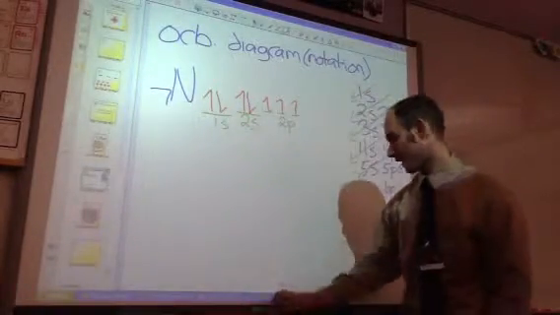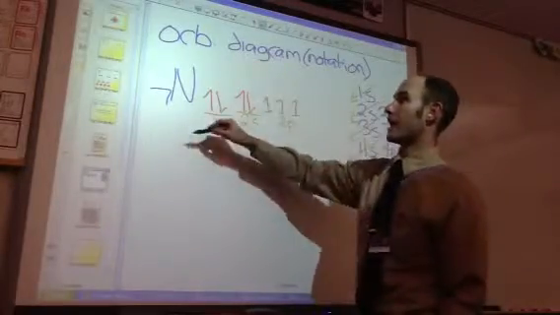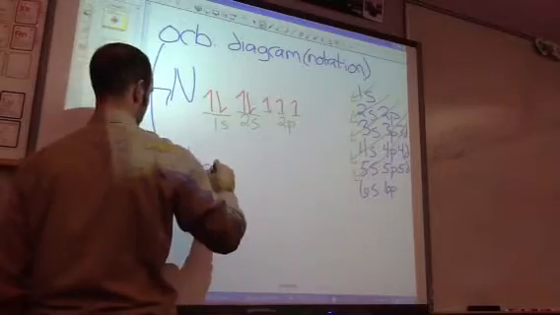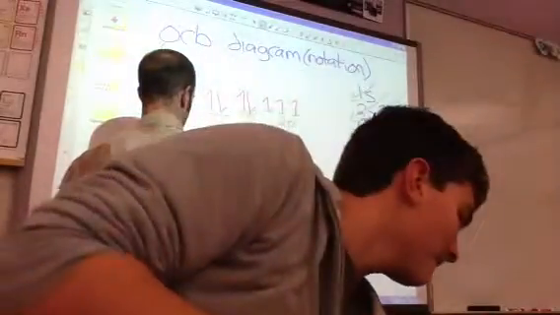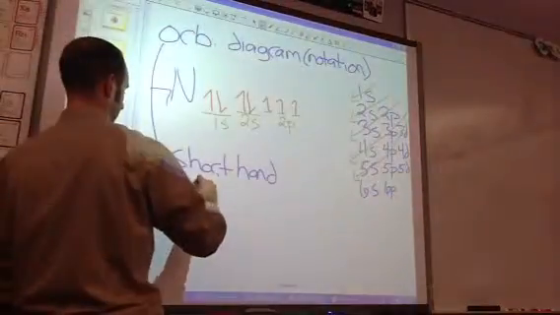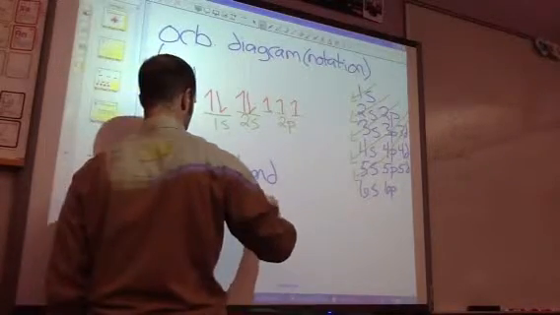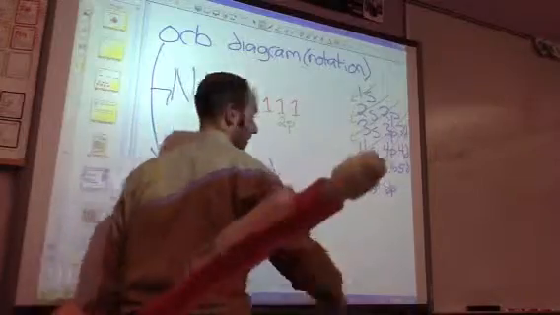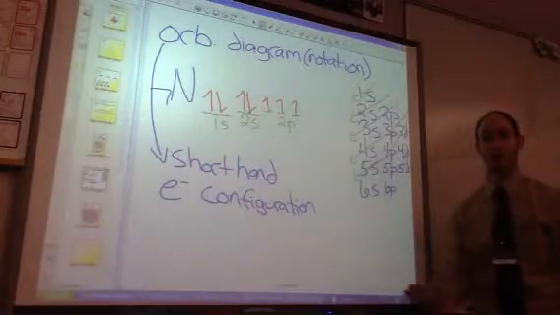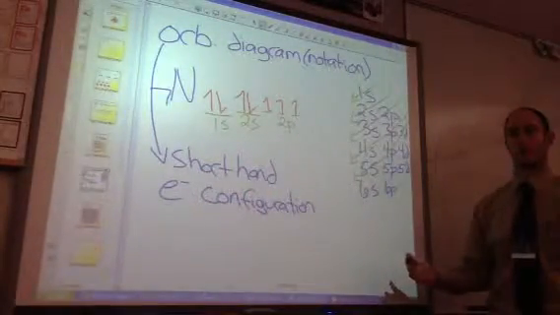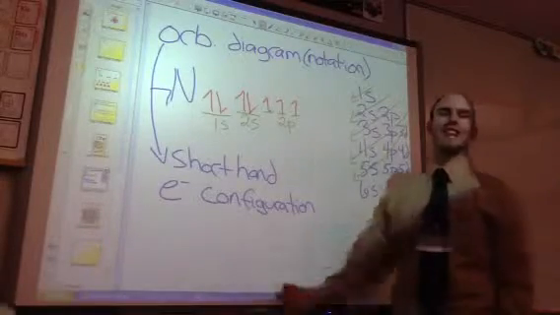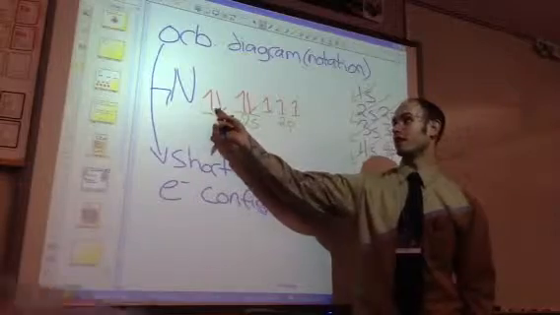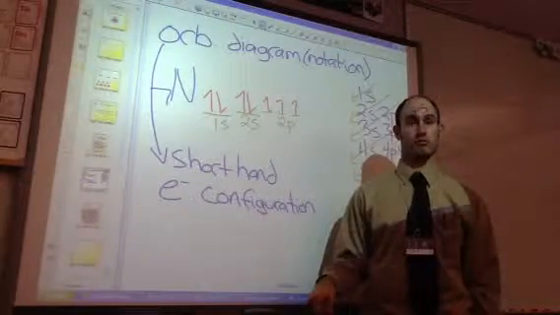From orbital diagrams, I can do a shorthand electron configuration. Electron configurations just represent the electrons as an exponent.